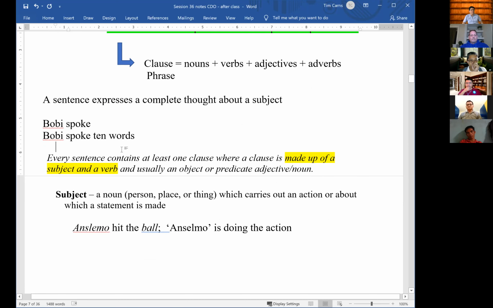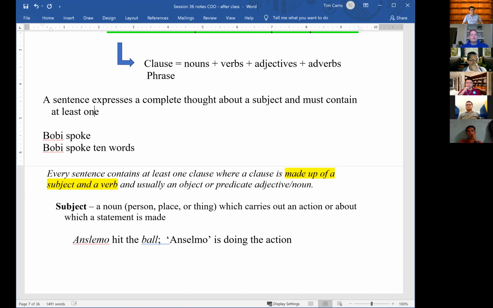So a sentence expresses a complete thought about a subject and must contain at least one clause. And again, a clause is a subject plus a verb, which is a noun plus a verb. To have a sentence, you must have at least that.